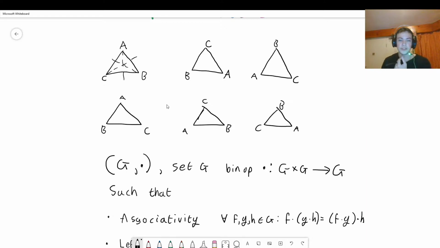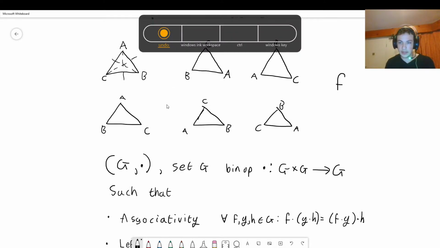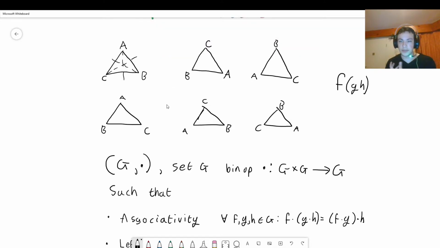It's also obvious that this is associative because f, g, h, so sometimes we omit the dot if the dot is obvious, is do h then g then f, because we take our set of operations and we say that fg is do g then f, because that's how we work with functions. So we get this, which is just the same as doing h and then g and then f like this.